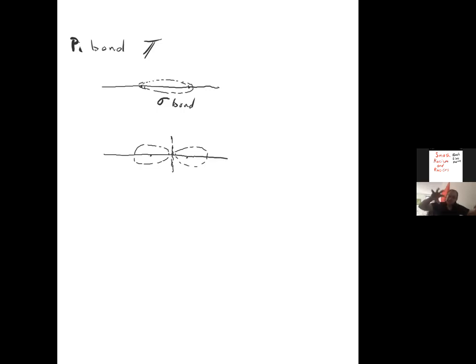But since the electron density is away from the nuclei, on the opposite sides, it's almost like being pushed away. That's called a sigma star bond. Antibonding orbital. Bonding orbital.